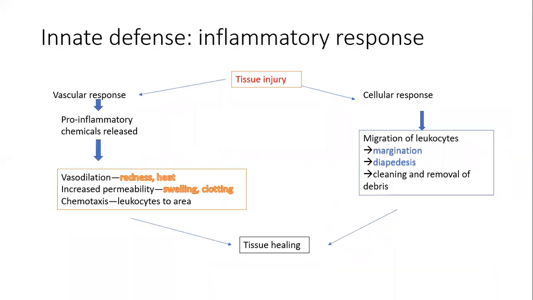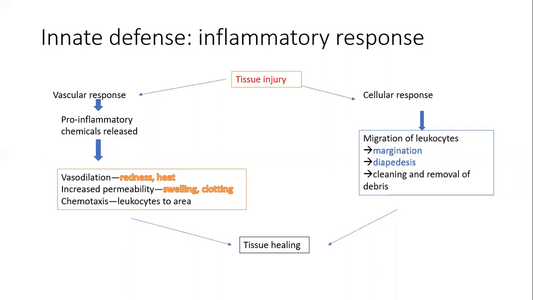So let's look at sort of a concept map view of the innate defense system. So there's two kinds of responses. There's, as you see here, the vascular response and the cellular response. So you get an injury, you can have a vascular response, which involves pro-inflammatory chemicals that are released, and you get brief vasoconstriction, then vasodilation, which results in redness and heat, increased permeability, which causes swelling and clotting, and chemotaxis, which attracts leukocytes to the area.